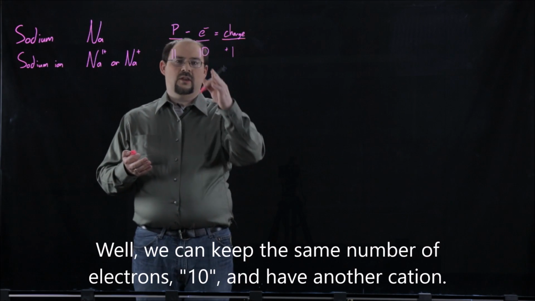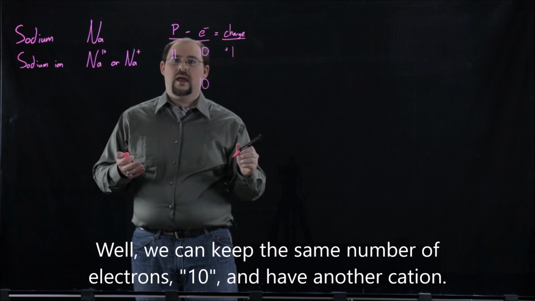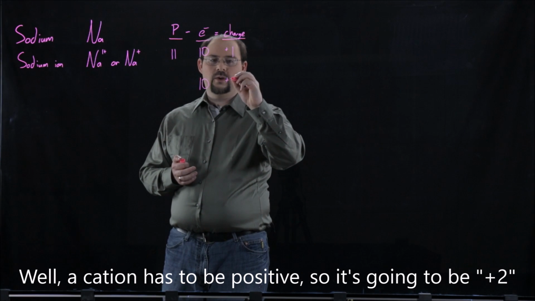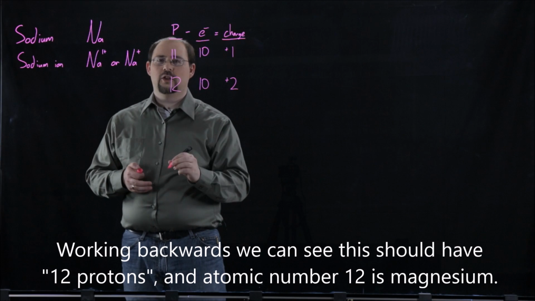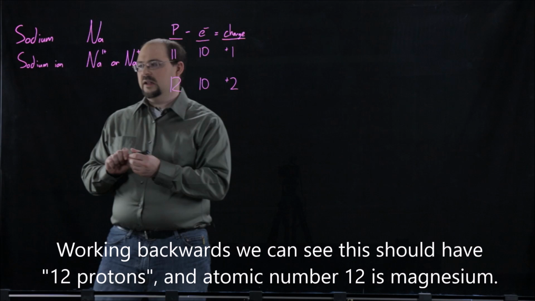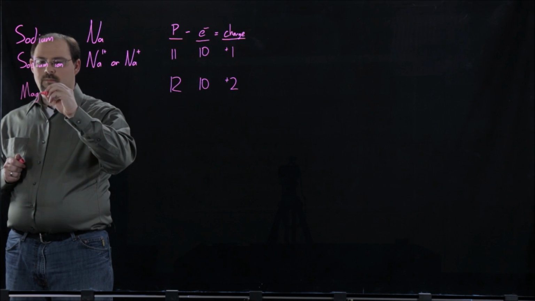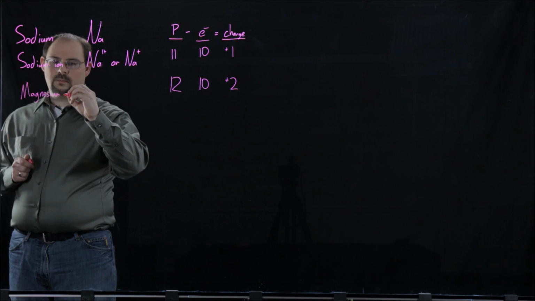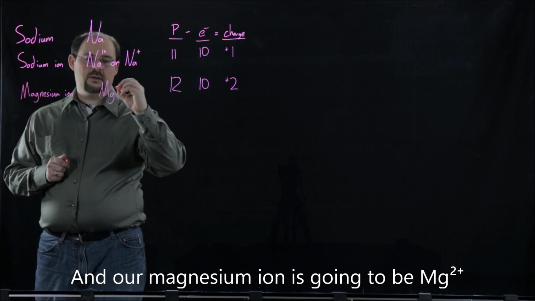Well, we can still keep the same number of electrons, 10, and have another cation. Well, a cation has to be positive, so it's going to be +2. Working backwards, we can see this should have 12 protons. The atomic number 12 is magnesium. And our magnesium ion is going to be Mg2+.